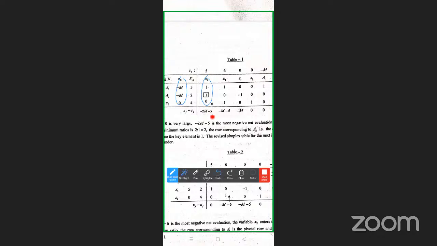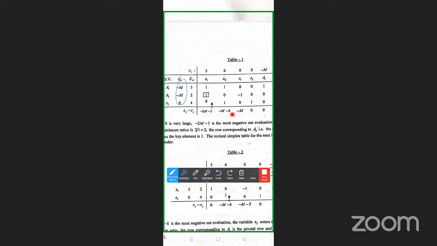First one. Next, second one: minus M times 0, minus 1 into M, minus M into 0, 0. Here also 0. So therefore minus M, again minus 6. So minus M into minus 6.